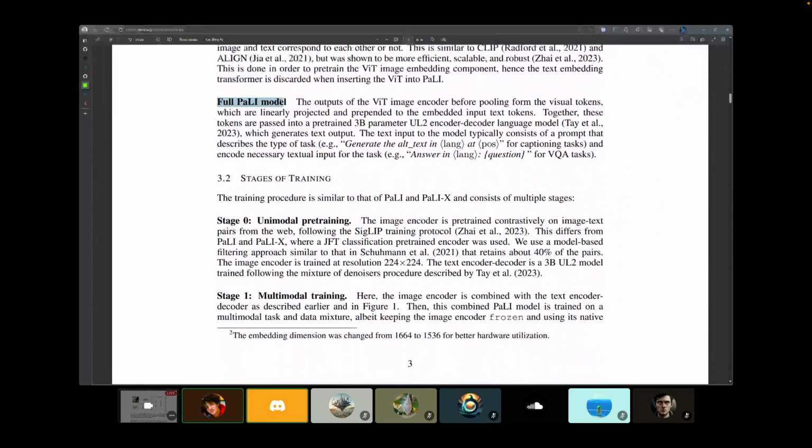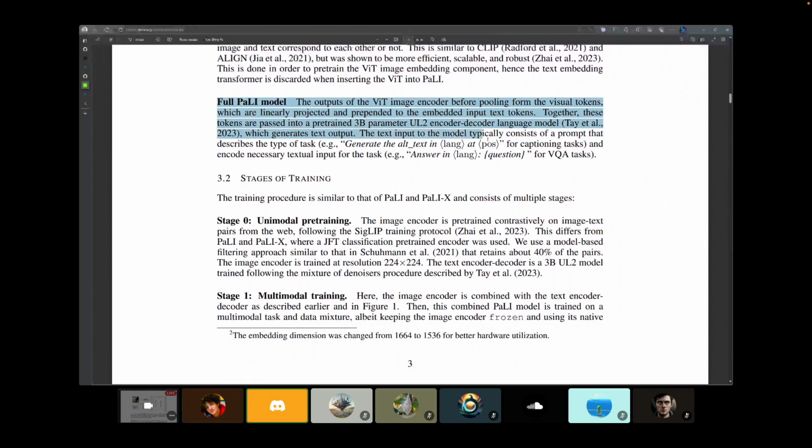The full PaLI model. The outputs of the ViT image encoder before the pooling form the visual tokens, which are linearly projected and prepended to the embedded input tokens. Together, these tokens are passed into the pre-trained 3 billion parameter UL2 encoder-decoder language model, which generates text output.